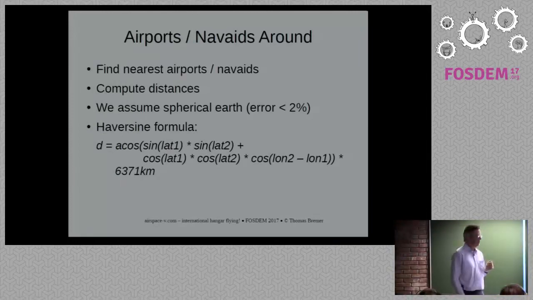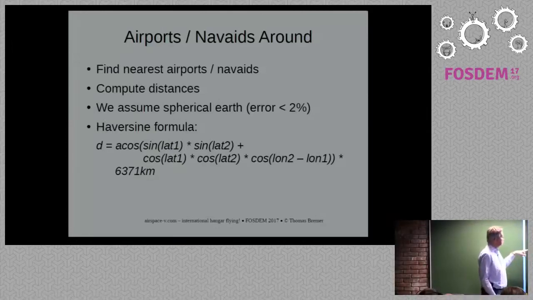But now, as I said, SQLite. The problem here is that when I want to compute distances to find the nearest airports or the navigation to a certain point, I can assume that Earth is a sphere. This gives a very low error.